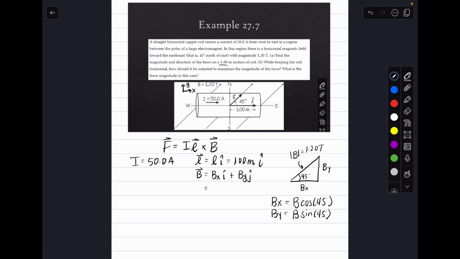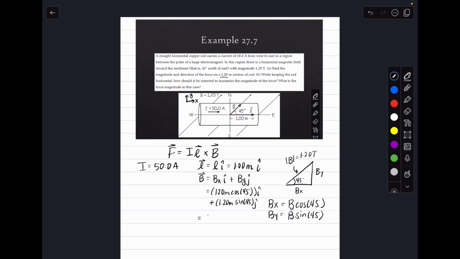So B is 1.2 cosine 45 I hat plus 1.2 sine 45 J hat, which comes out to be 0.849 Tesla.